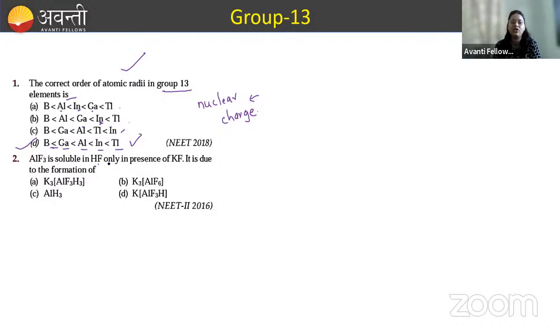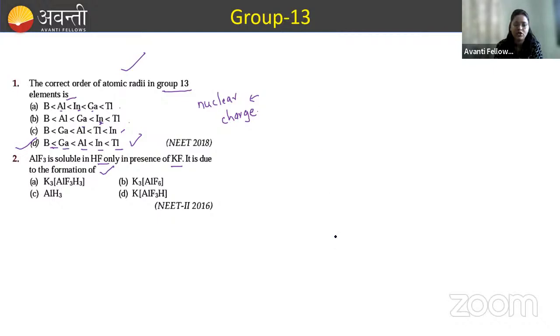Next, AlF3 is soluble in HF only in presence of KF. It is due to the formation of what? So AlF3 is a molecule which is soluble in HF only in presence of KF. Do you have any answers about this question?